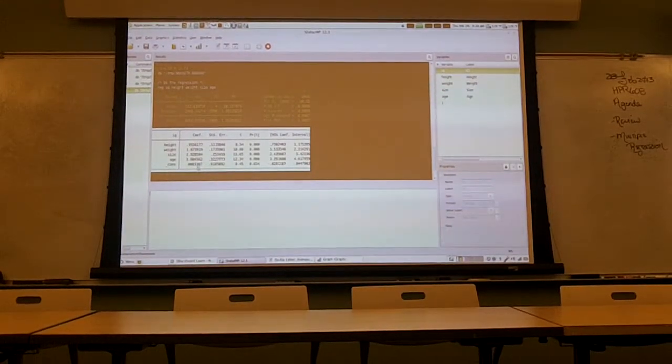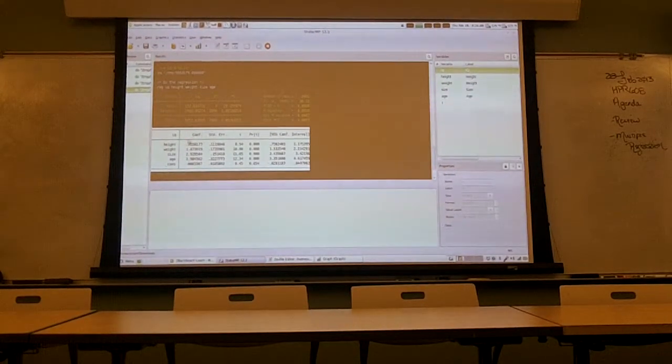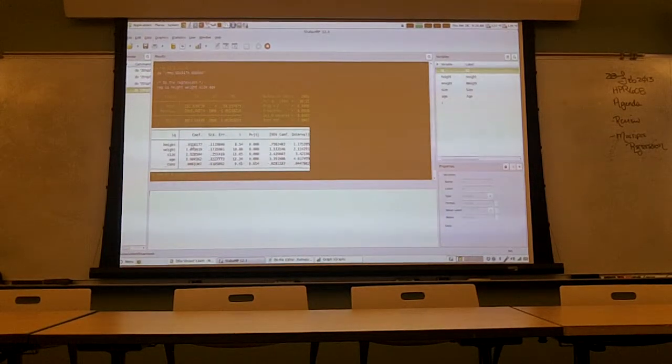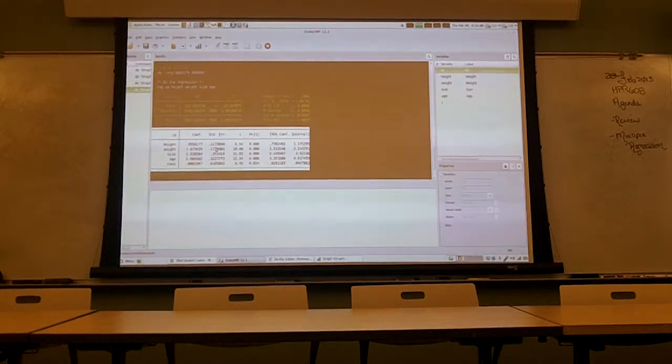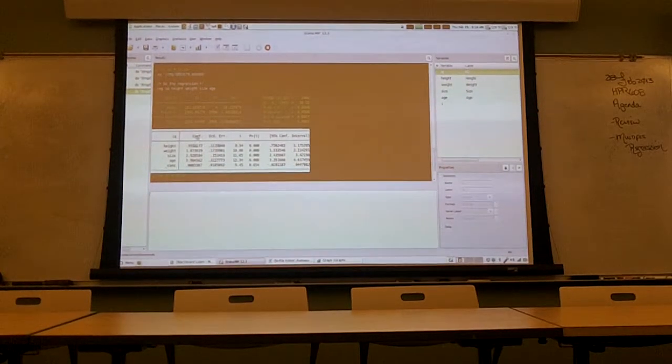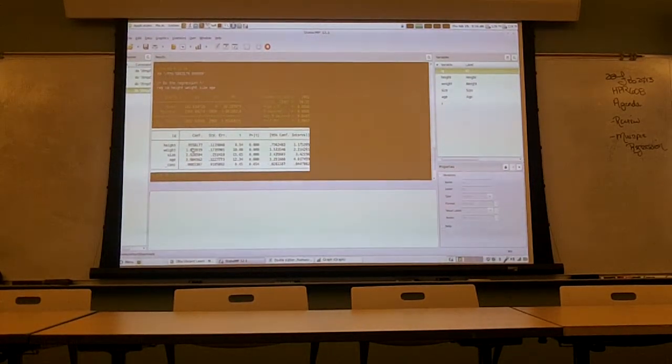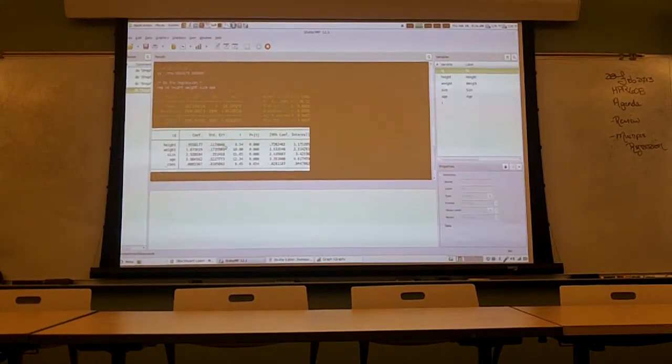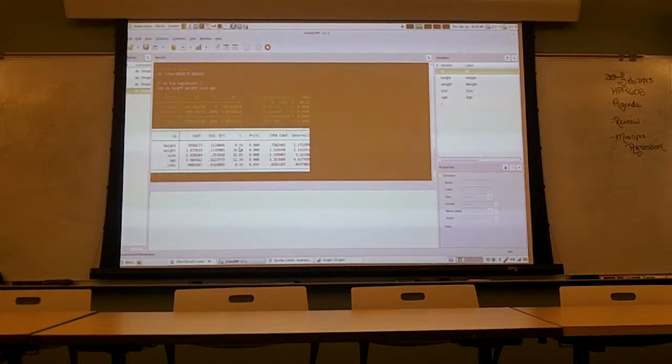These are our regression coefficients, so those are the B's. The B's are the beta hats. This is the standard error of these coefficients. Whenever you hear the word standard error, think that a standard error is a standard deviation of a sampling distribution. So this standard error gives us some sense of how much variability there is in this parameter estimate. This is the t-statistic.